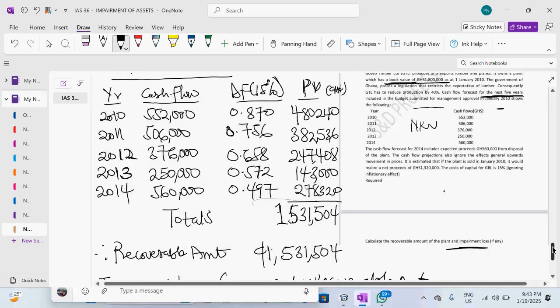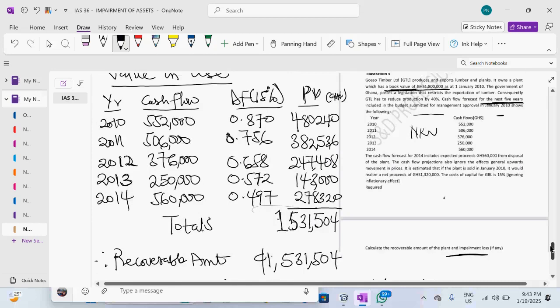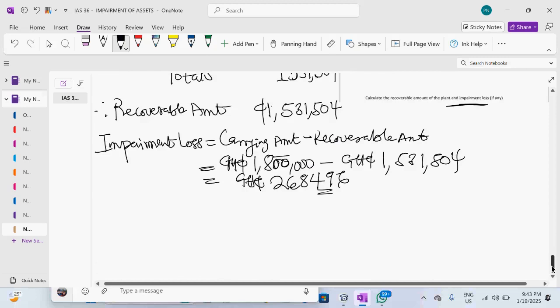This one is not an annuity because the cash flows are not uniform. This is a single value cash flow, so we use the present value for a single amount.